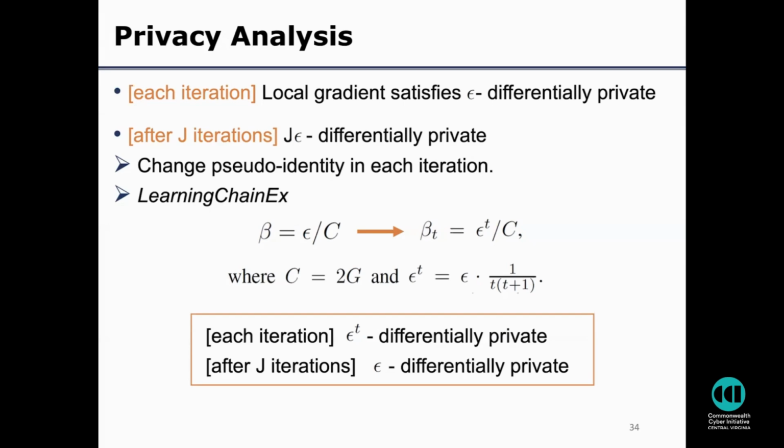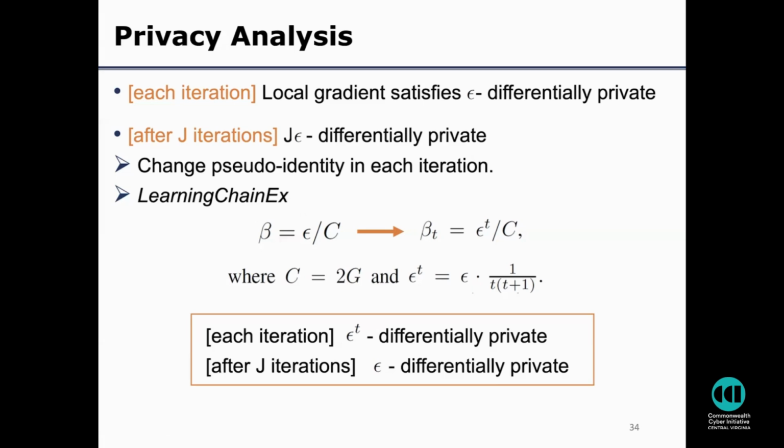However, after a large number J of iterations, if the attacker collects all the gradients from a specific data holder intentionally, the privacy guarantee of this approach is J epsilon differential privacy instead of epsilon differential privacy. We call this privacy leakage.